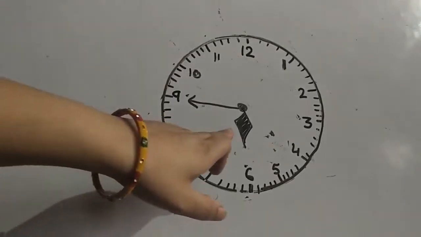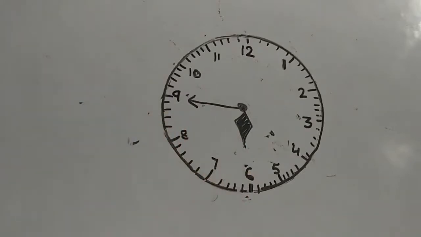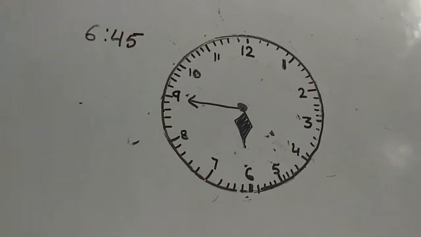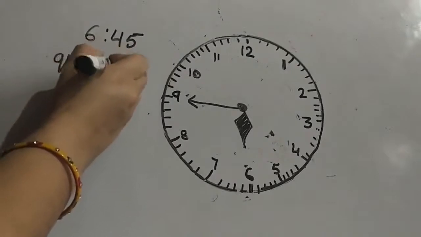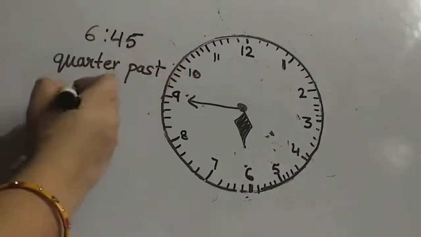In this situation, our hour hand is on 6 and the minute hand is on 9. So we'll write it as 6:45. And in words we will write it as quarter to next, next to 6 is 7.